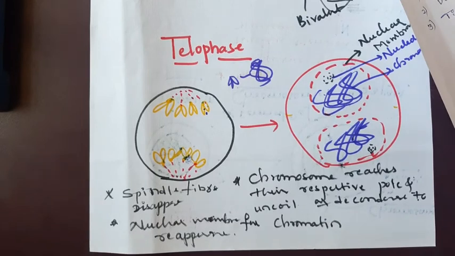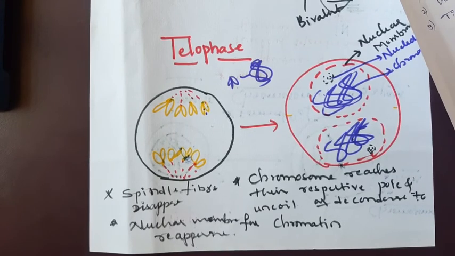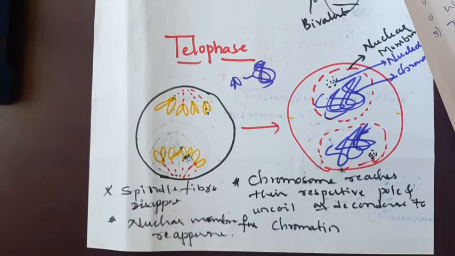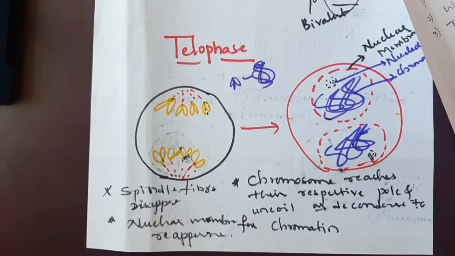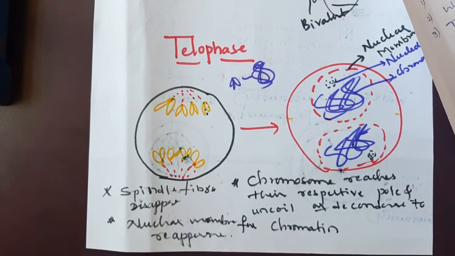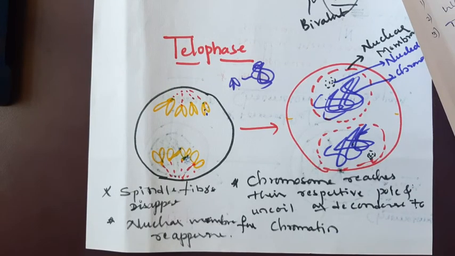Then in the anaphase, there is action of spindle fibers, separation of chromosomes towards the opposite poles. In the telophase, there is complete separation of chromosomes, decondensation of chromosomes to form chromatin again. There is reappearance of the nuclear membrane and nucleolus, meaning from a single nucleus two nuclei are going to form.